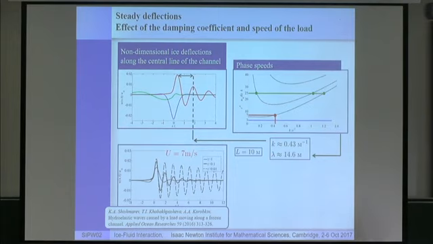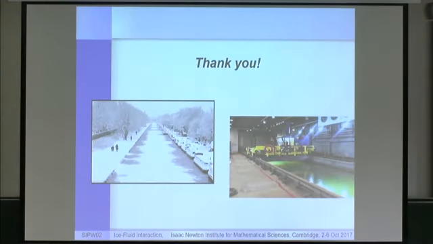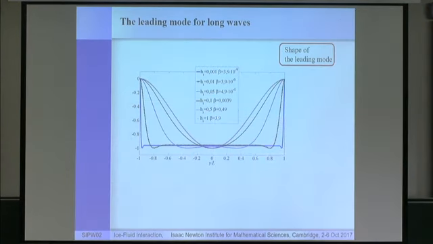I showed you this plot before for the second problem when we considered steady motion. But one moment, because I have a little time, I wish to show you what will happen with the leading model for the unsteady problem.